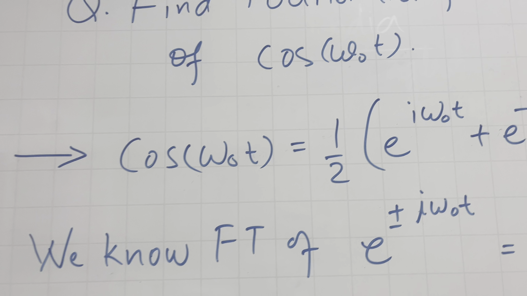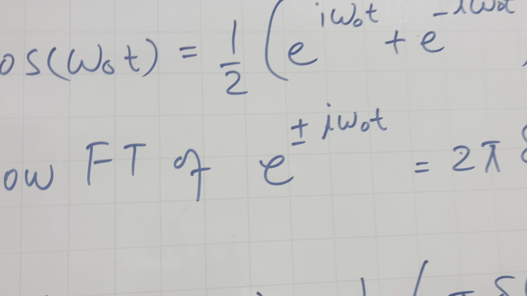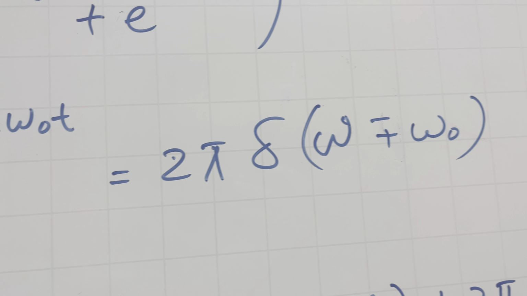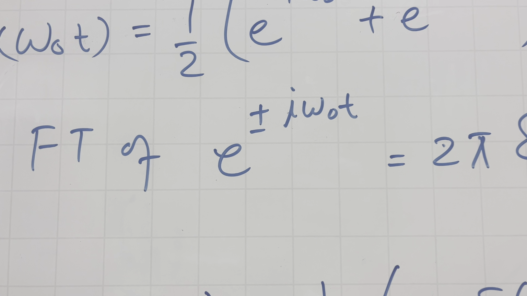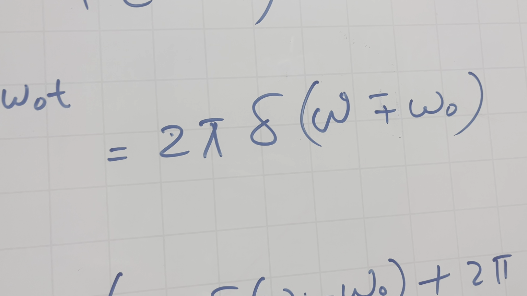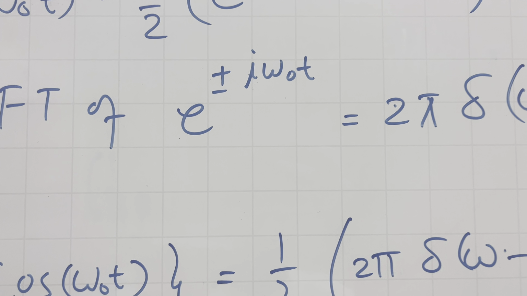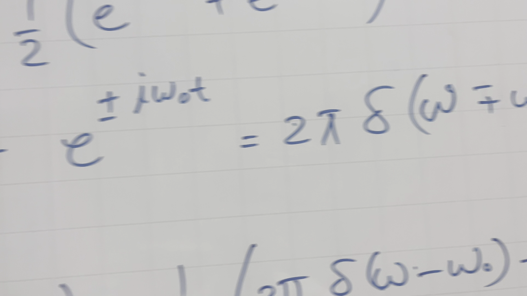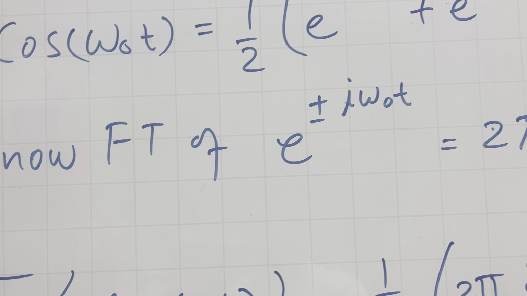So we have the Fourier transform of exponential plus minus i omega naught t, which is given by 2 pi delta(omega minus plus omega naught). So if it is exponential plus i omega naught t, then we get 2 pi delta(omega minus omega naught), and if it is exponential minus i omega naught t, then we get plus. So this is the Fourier transform of exponential plus minus i omega naught t.